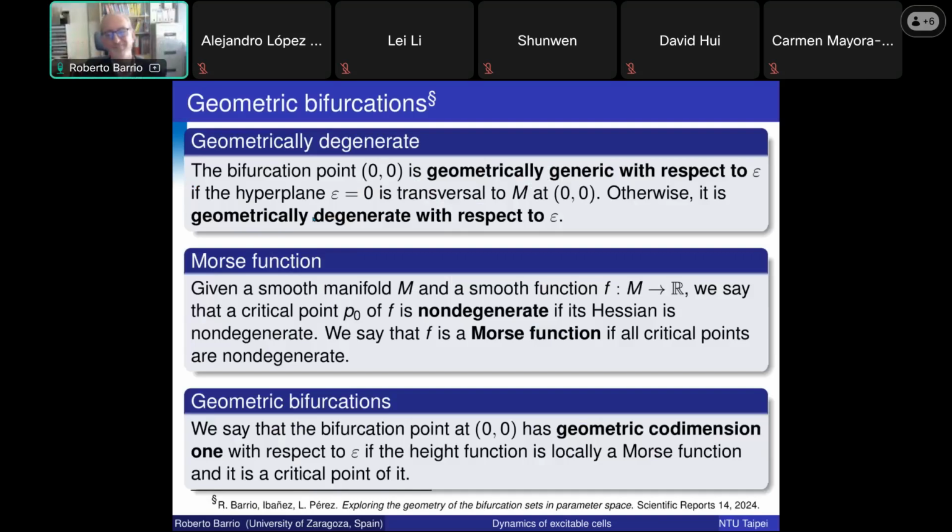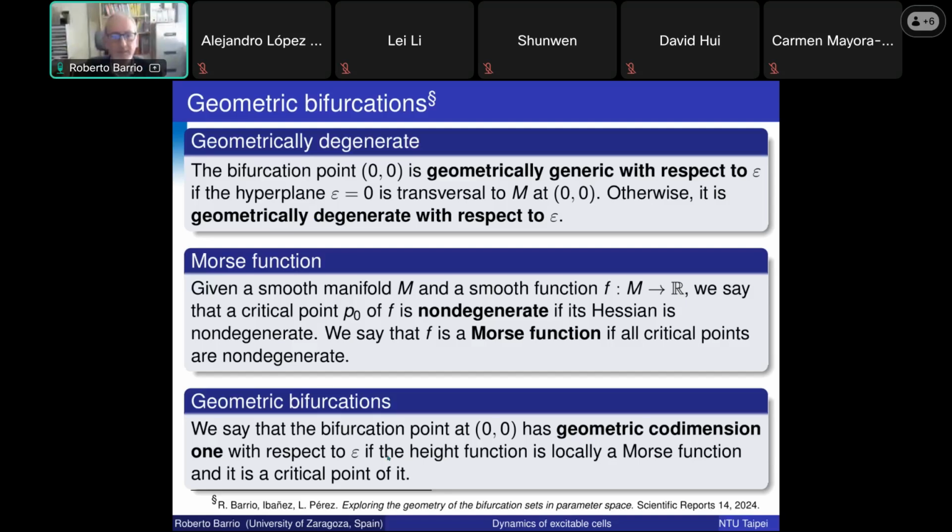Okay, so in this case, some way of speaking is that we have a bifurcation surface, and we have in the bifurcation surface one point where the horizontal plane is tangent to the surface. So in this case, it is degenerate because it's not transversal to the surface.